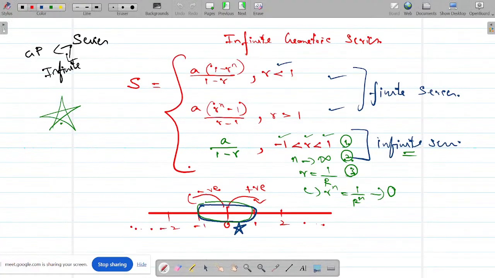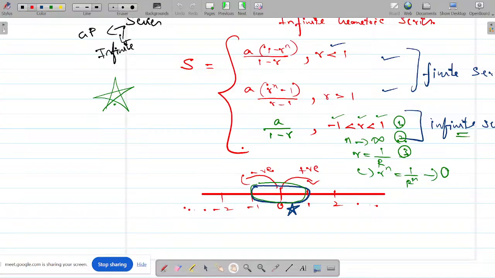What happens when r is equal to 0? For example, let me take a value as 5. Can you frame the geometric progression? 5, 0, 0, 0. So when r is equal to 0, the progression will have only one element. Actually, there are so many elements following with 0, but only the first element will be 5. Others are all 0.